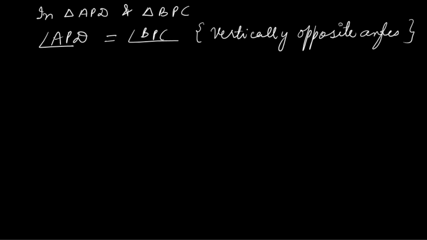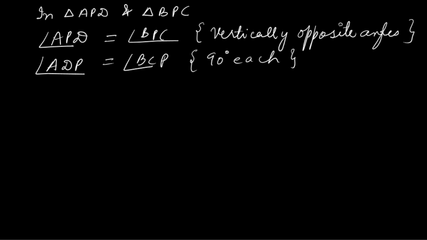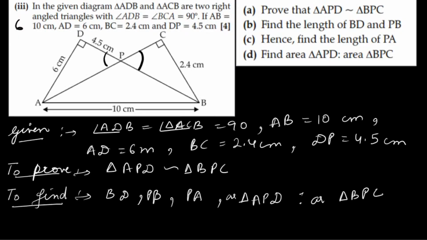And next one is angle ADP is equal to angle BCP, because 90° each. Both of their values are 90°. I'll show you also, ADP and BCP. You can see here this is ADP and this is BCP. Both of the angles are equal to 90°.